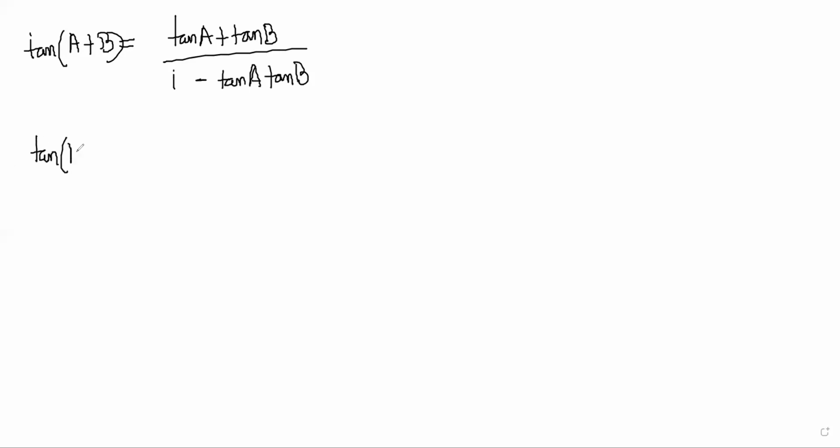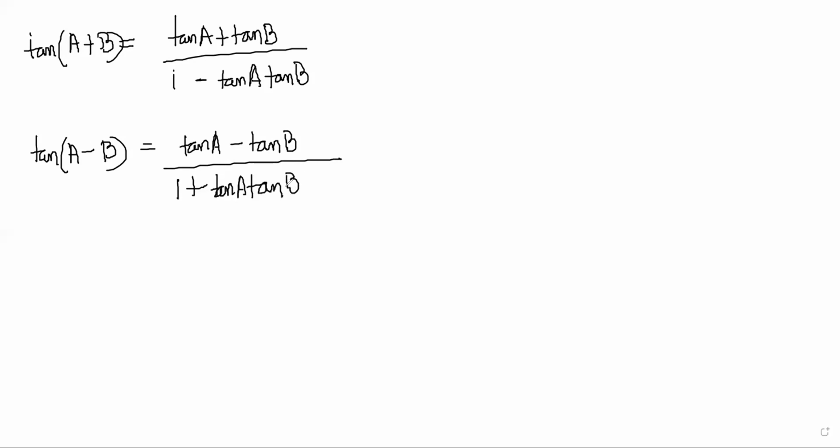Similarly, if I put b equal to minus b here, it will become tan a minus tan b by 1 plus tan a tan b. Instead of b, I have put minus b, and tan of minus b is minus tan b. Now, if you have the tan formulas, you can get tan 2a also.